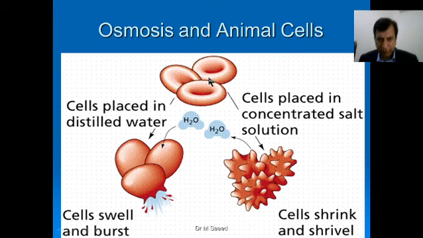If you place RBCs in water or in a hypotonic solution, what will happen? Water will enter into the RBCs, and we get this picture. They swell up until the time comes when they burst.